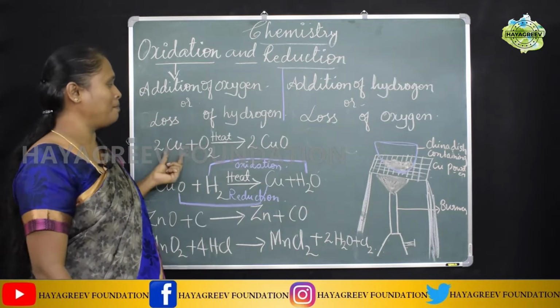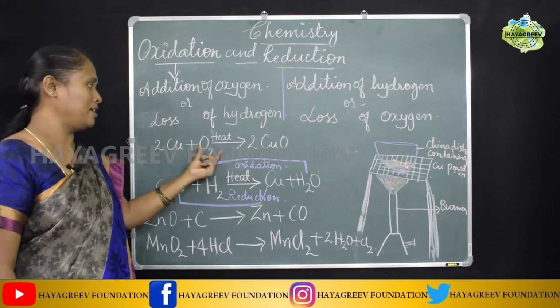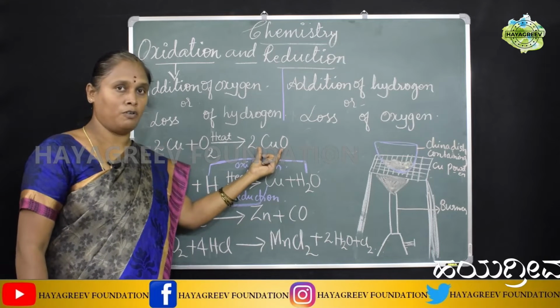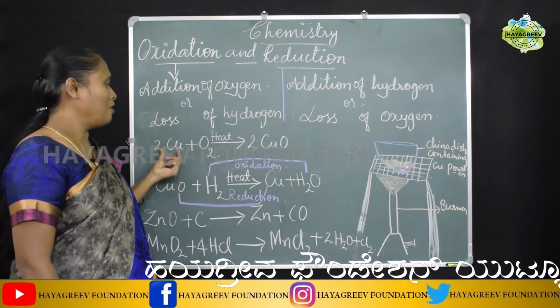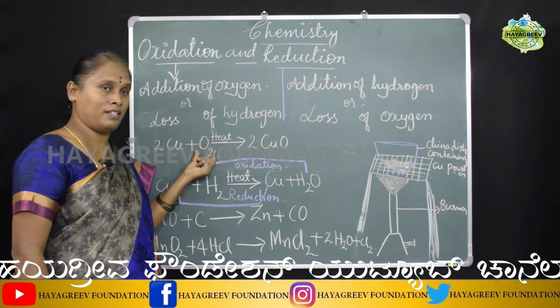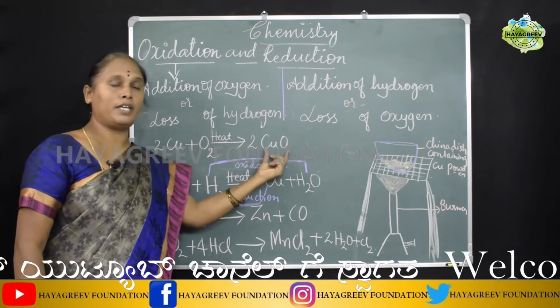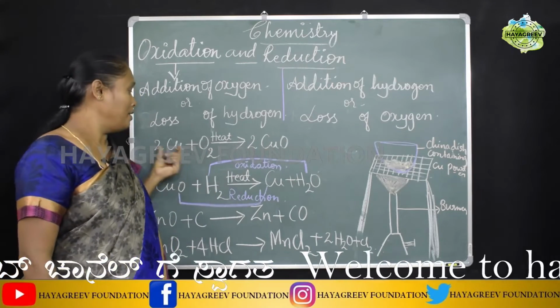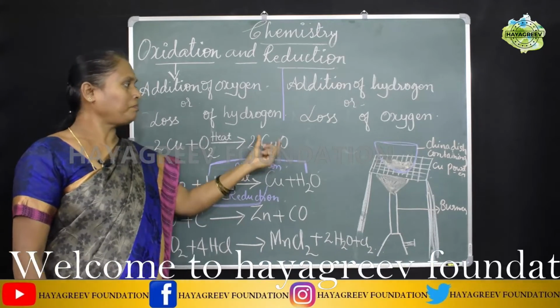What happens is, copper powder, when it combines with oxygen, leads to formation of CuO, which is copper oxide, and we say that copper is getting oxidized. Why is it getting oxidized? Because it is combining with oxygen to form copper oxide. So we say that copper is getting oxidized to form copper oxide.